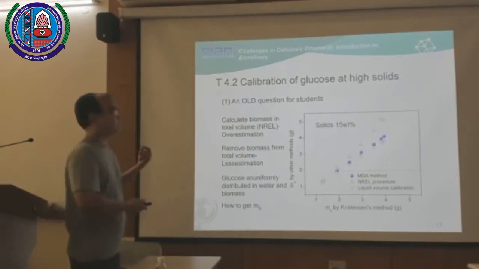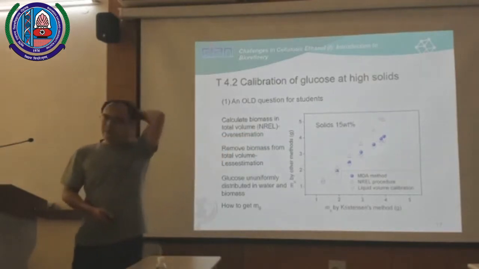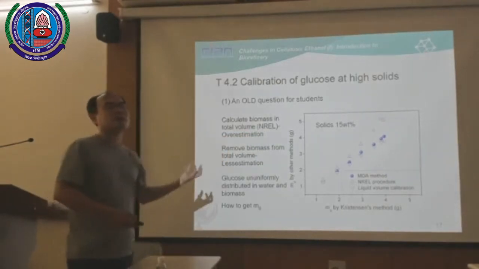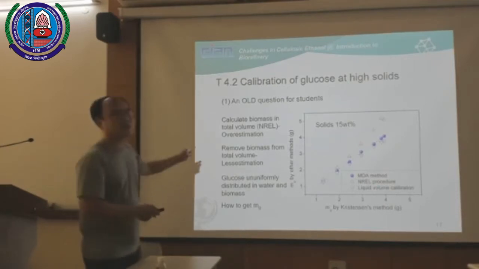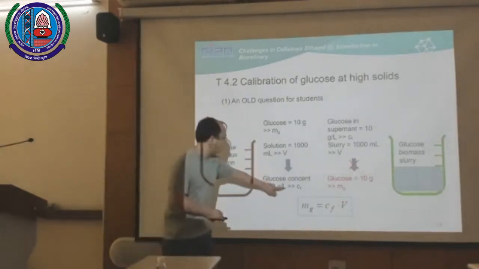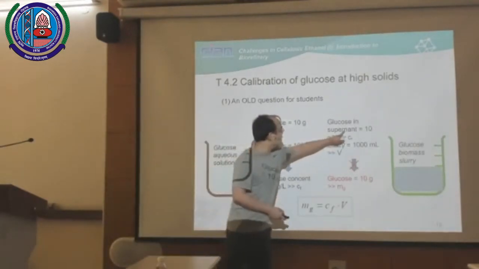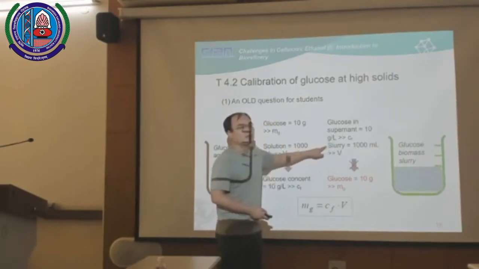First, we use the method provided by NREL. NREL said, you do the analytical hydrolysis, and you take the biomass into consideration because it occupies volume. It has a density very close to water. So if you have a glucose content in the supplement, and you have a total volume, you can do that.